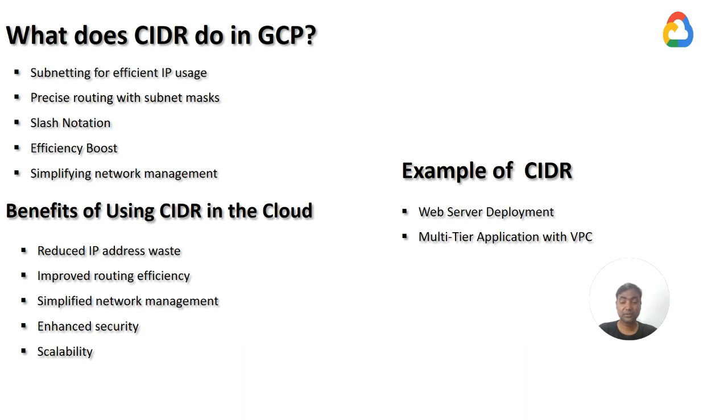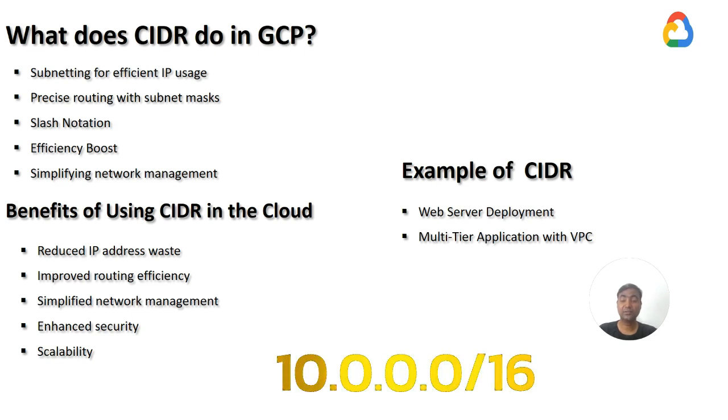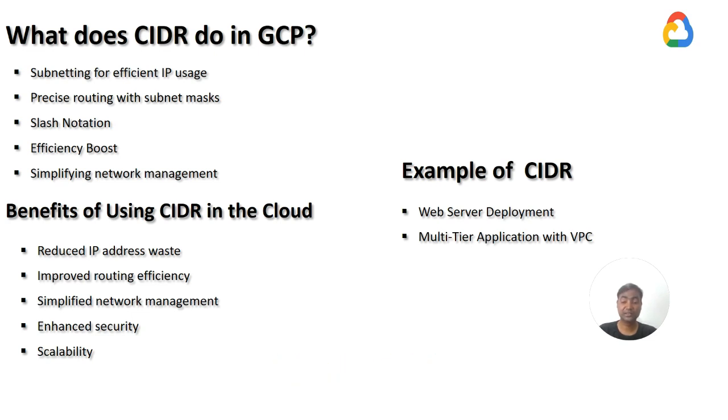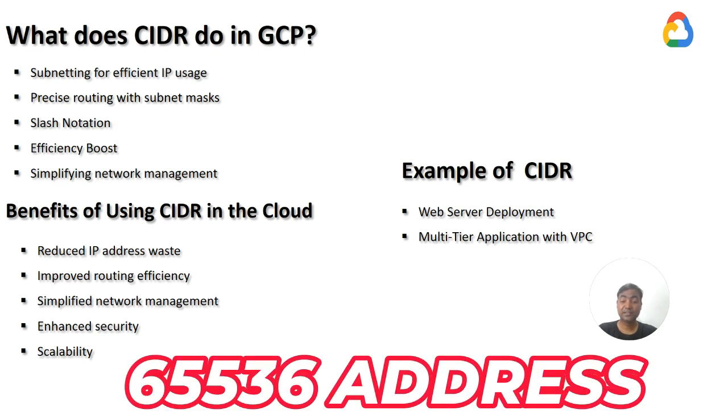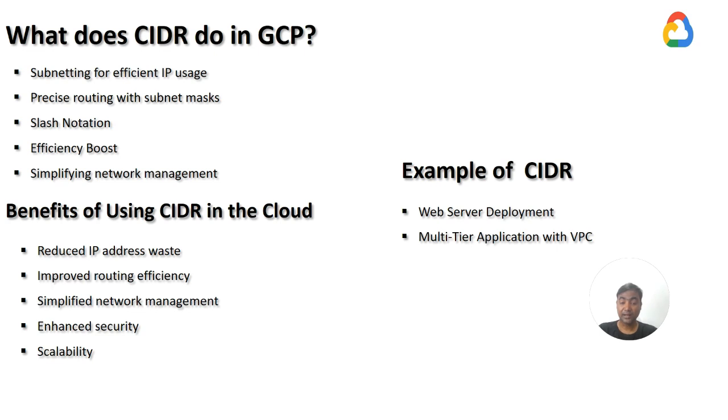Start with a block: choose a suitable IP address block from the private ranges, like 10.0.0.0/16. This block can accommodate 65,536 addresses. Then subnet the block. Now carve out a subnet for your web server. Let's say you need addresses for 256 servers.